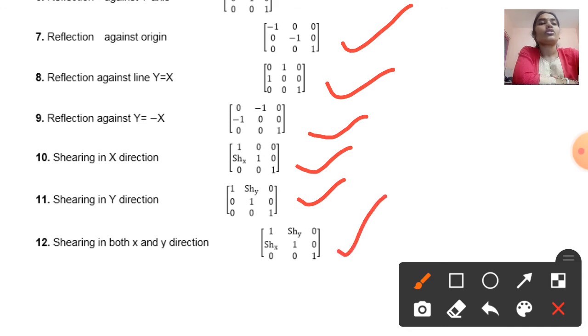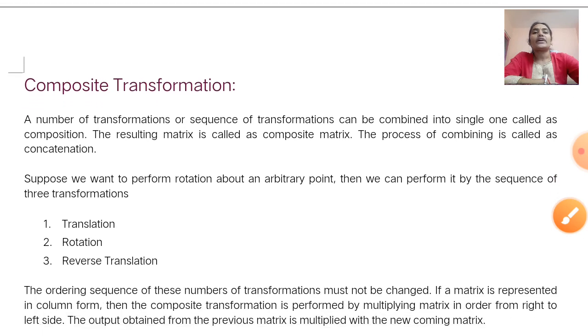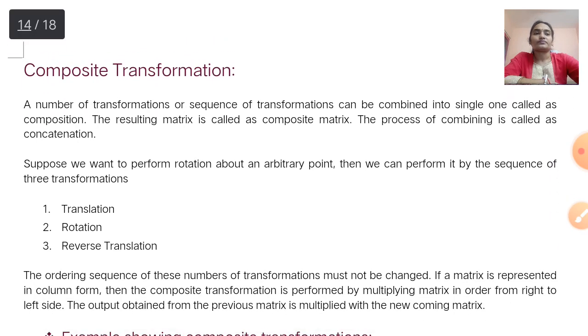This one is both directions. So these are the homogeneous coordinate system and all the transformation matrix representations in 3 cross 3 matrix. Next we will discuss composite transformation.